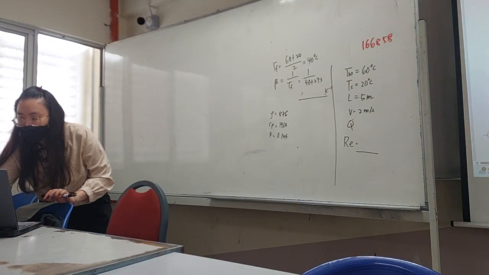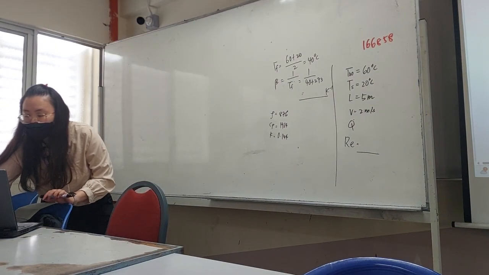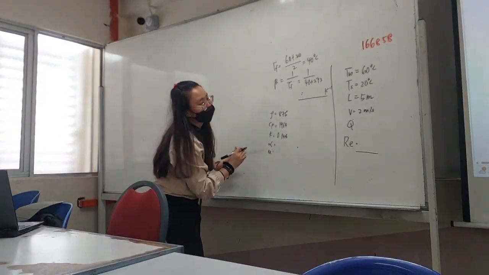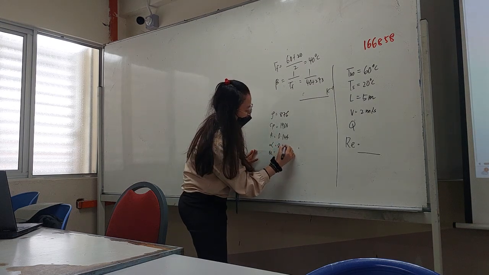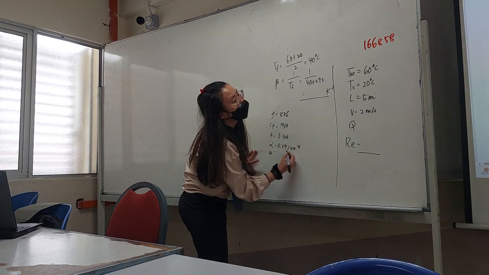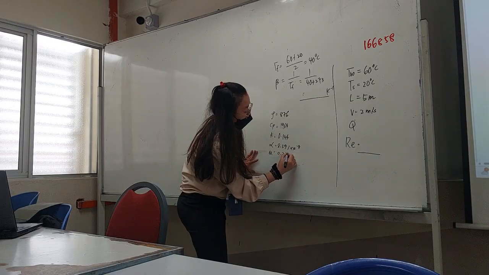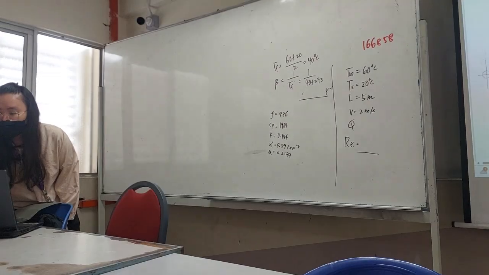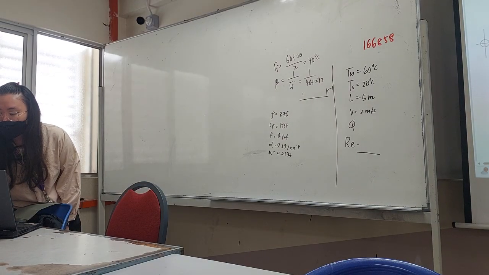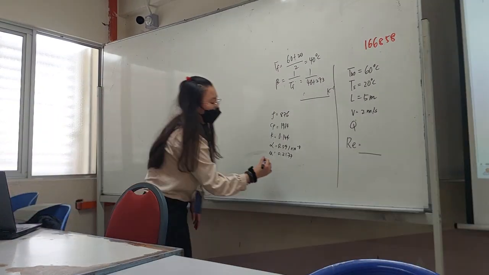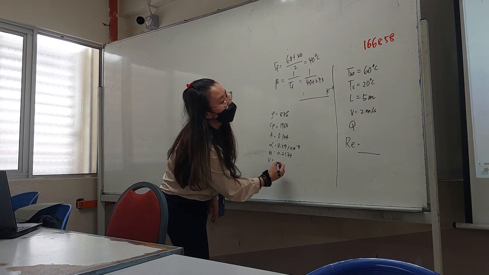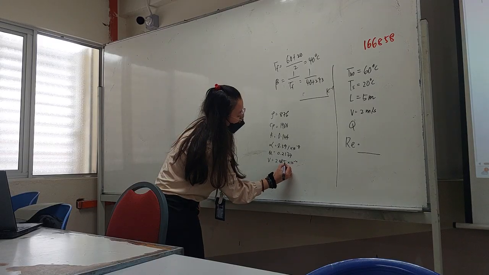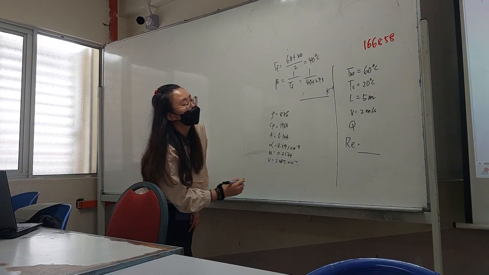Alright, then we have the alpha, mu 2177. Then you have the Prandtl number and beta value.